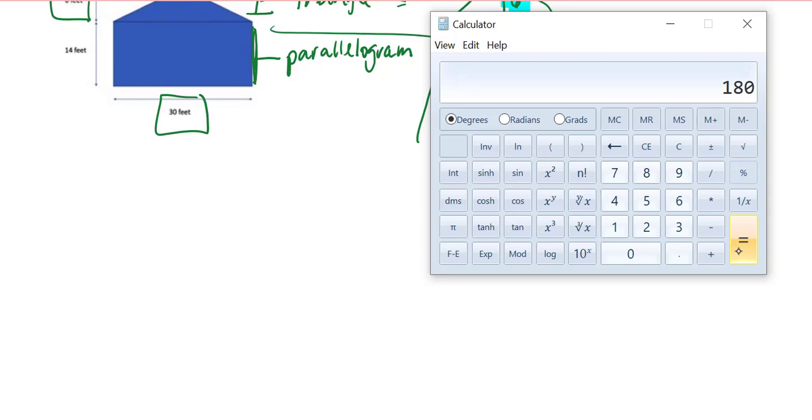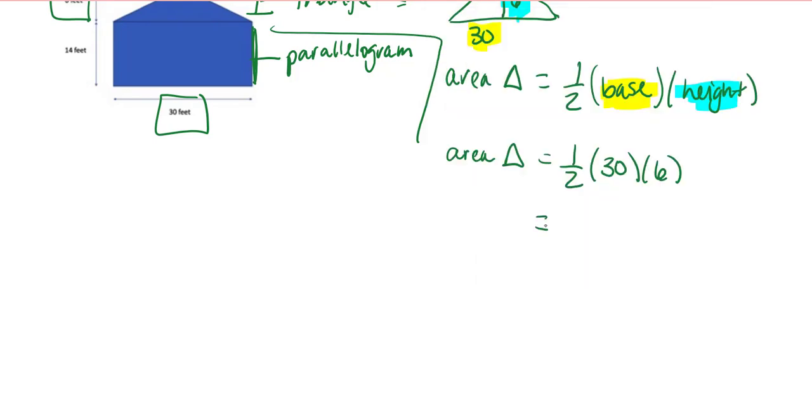So we're just going to take this and half it. What's 1/2 of 180? Well, that's 90. But we can double check. 180 divided by 2 is equal to 90. So we have 90 feet squared, and this is the area of the triangle.